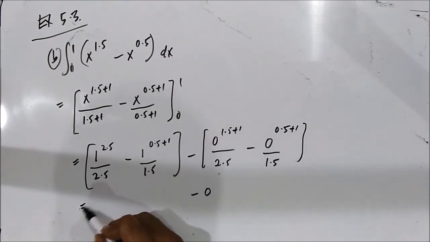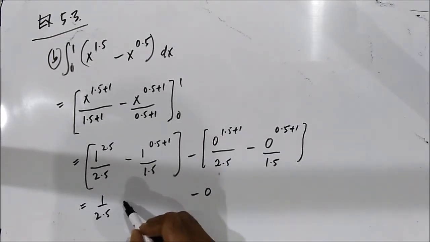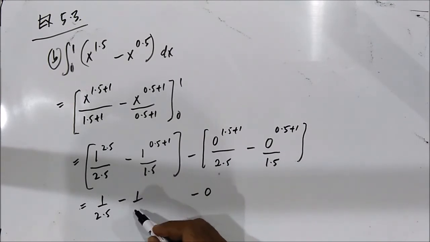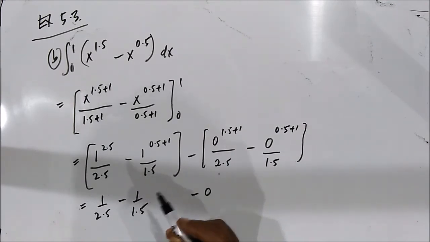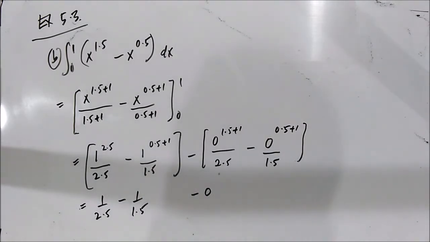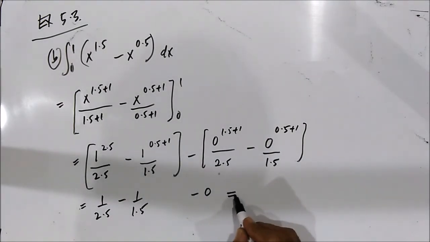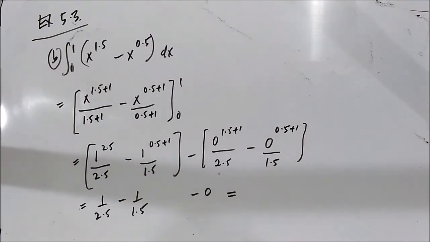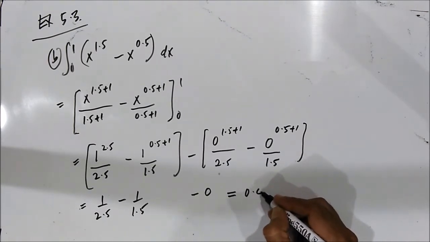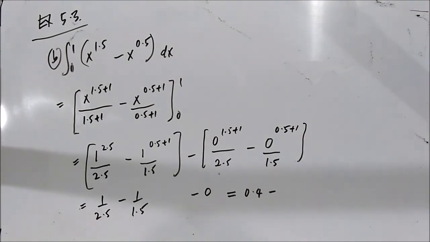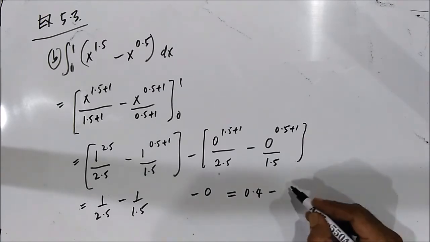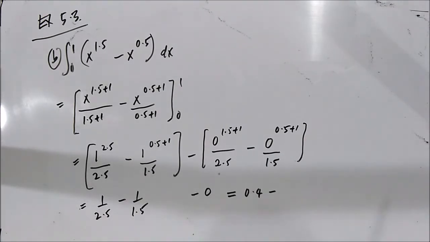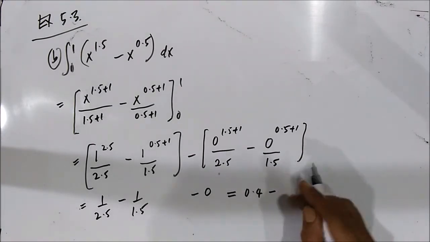Now here is 1 over 2.5 minus 1 over 1.5. So this will give an answer of 1 over 2.5, which is 0.4, minus 1 over 1.5, which is 0.66.